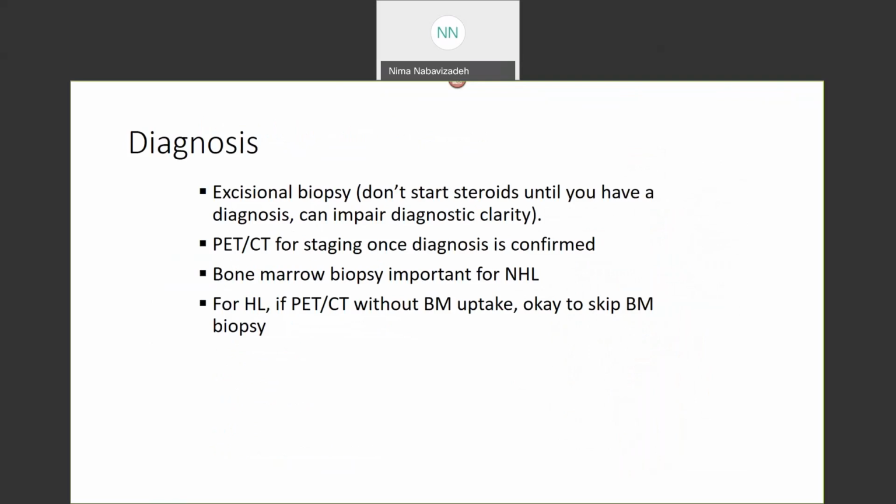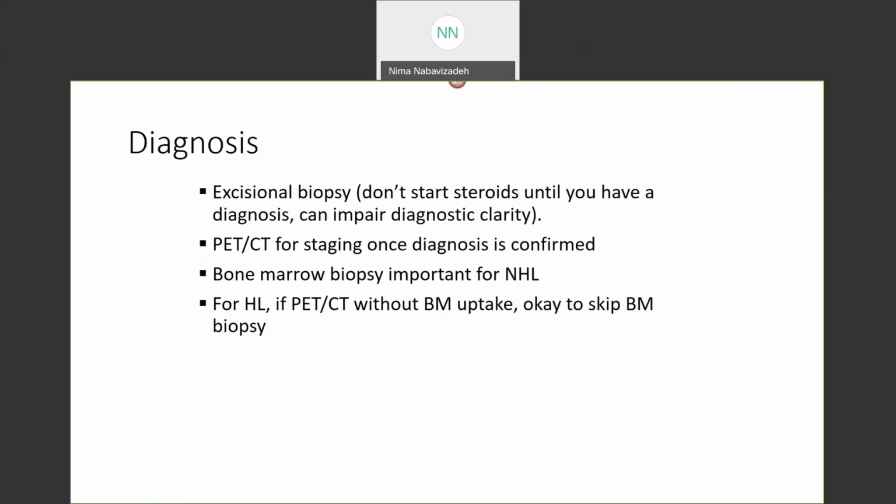The diagnosis for lymphoma is typically done with an excisional biopsy. Unlike carcinomas where an FNA or fine needle aspirate can be sufficient, for us to make a good assessment of lymphoma and determine its subclassification, it's quite important to have the whole lymph node and the architecture of the lymph node available.